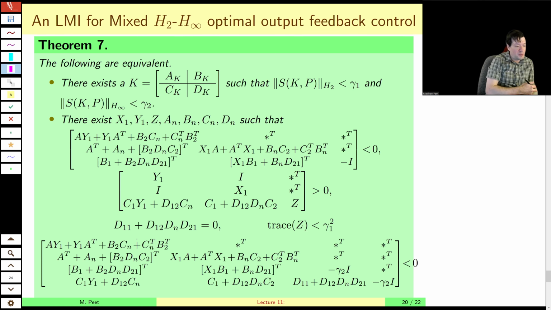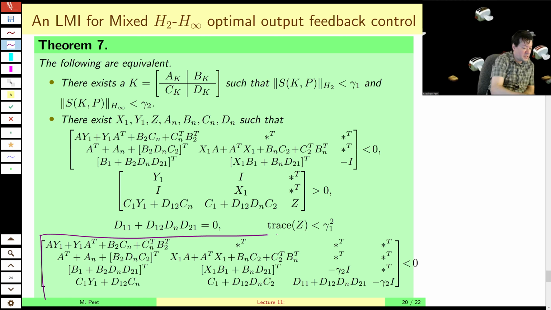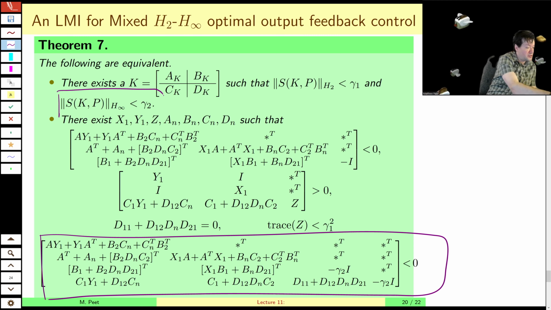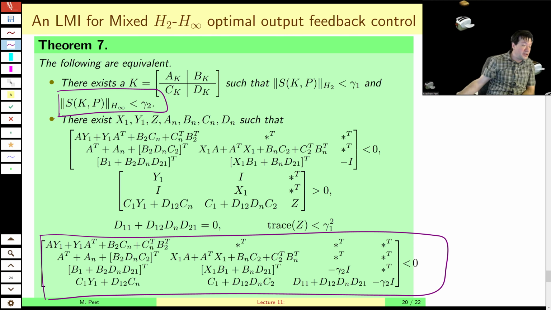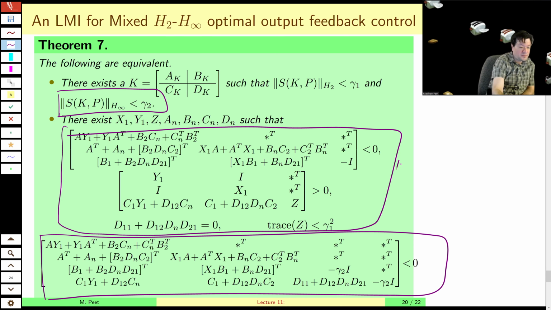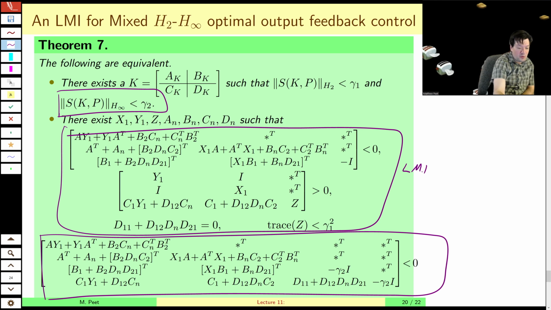And so, in particular, here is the constraint that the closed loop system H infinity norm is less than gamma. We could add another LMI constraint, which is this one. So let's call this LMI1, LMI2.